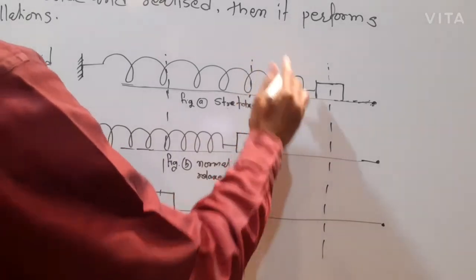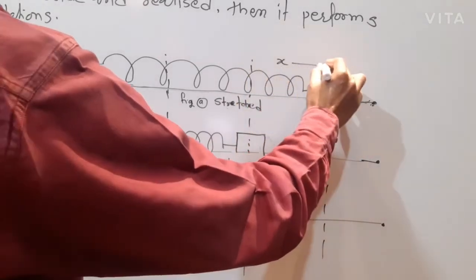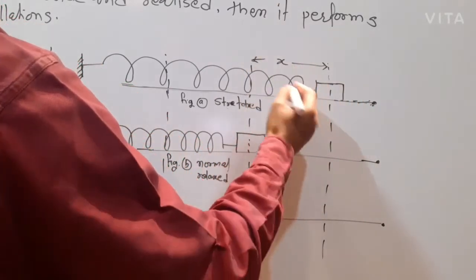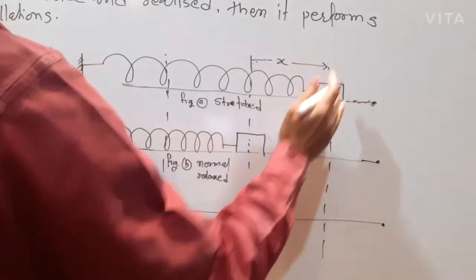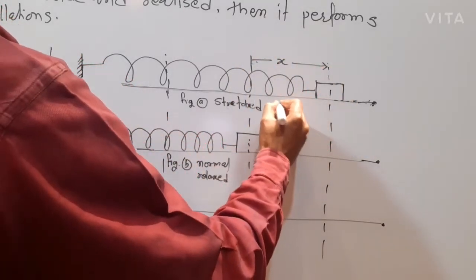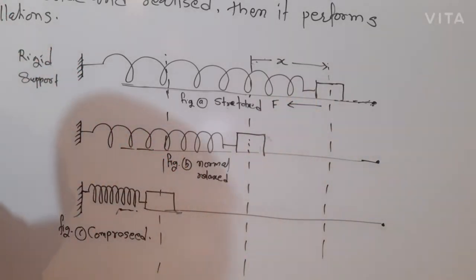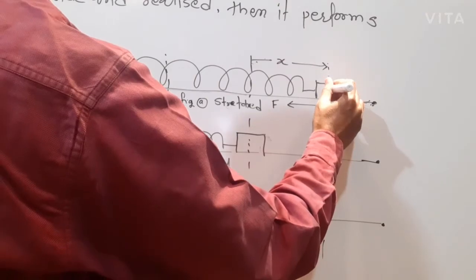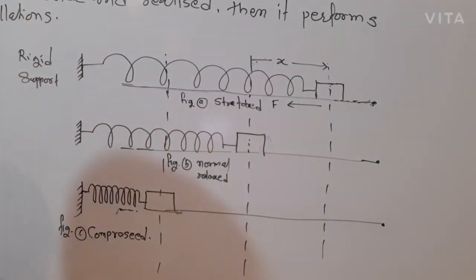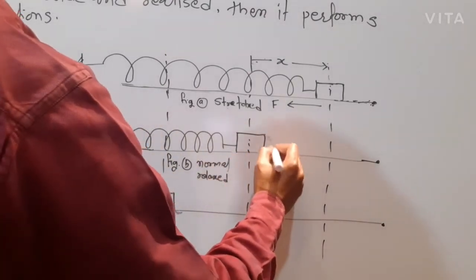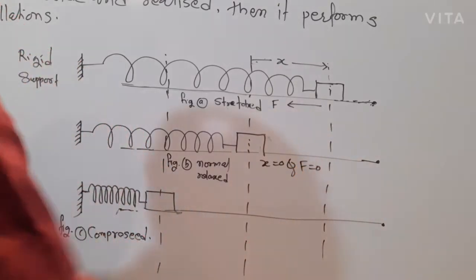Now denote this distance as x. This is the displacement x, but the force acting on the spring is here. At the mean point, x is equal to 0 and F is also equal to 0.